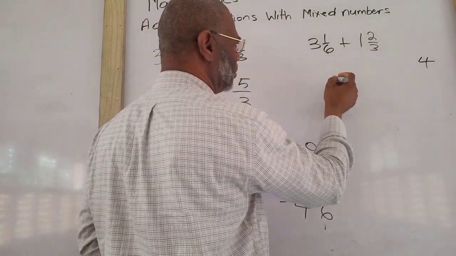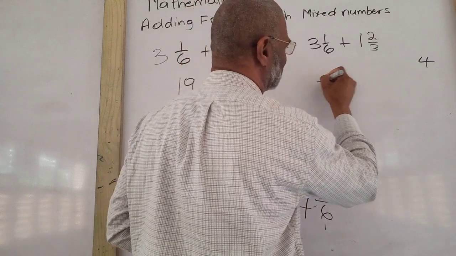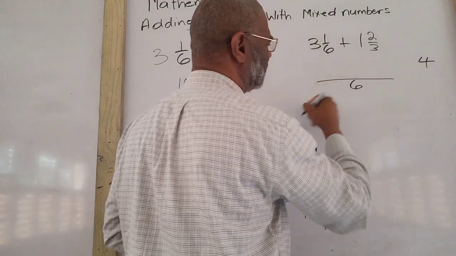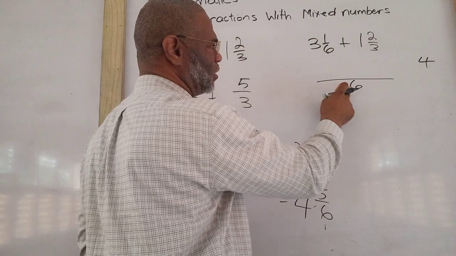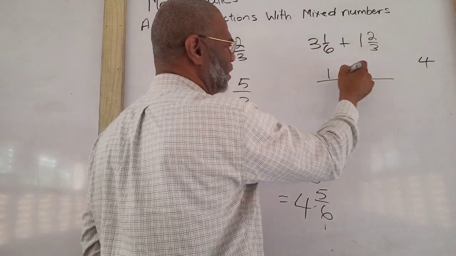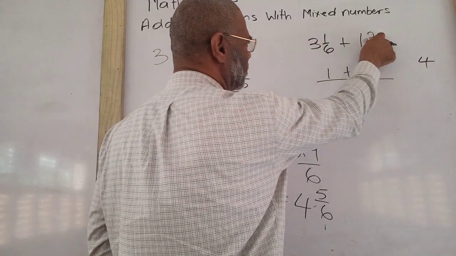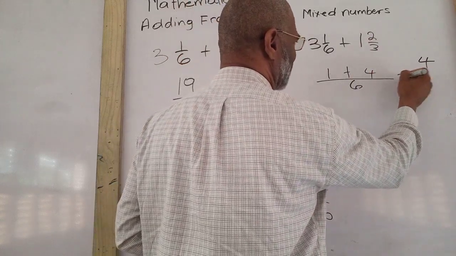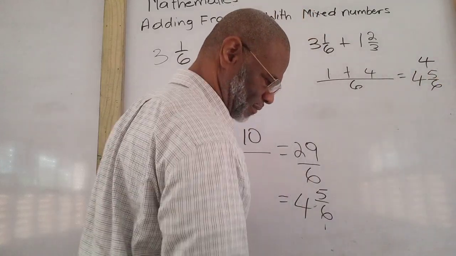Then we do 1/6. We take the same thing, the LCM, 6. 6 into 6 is 1, 1 times 1 is 1, plus 3 into 6 is 2, 2 times 2 is 4, right? So that will give us 4 and 5/6, right?